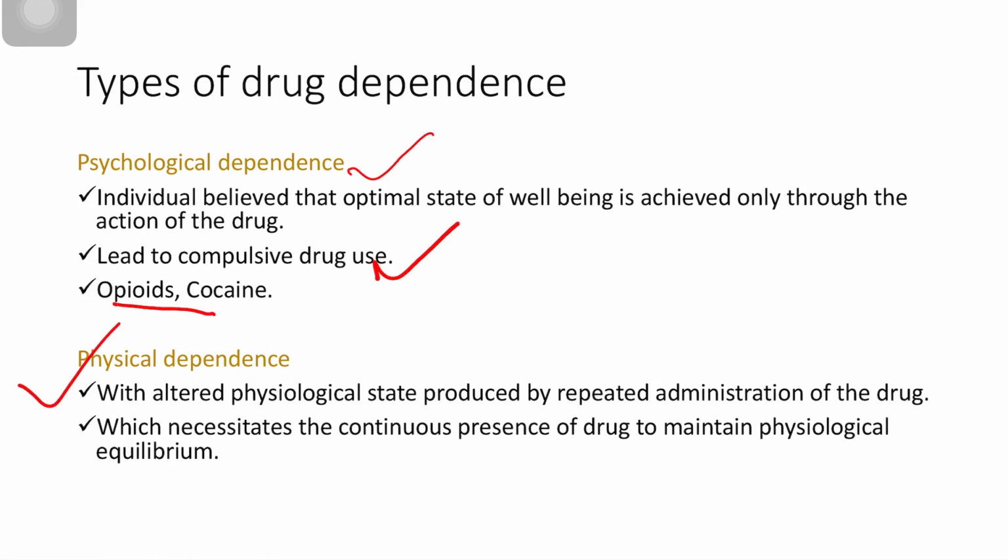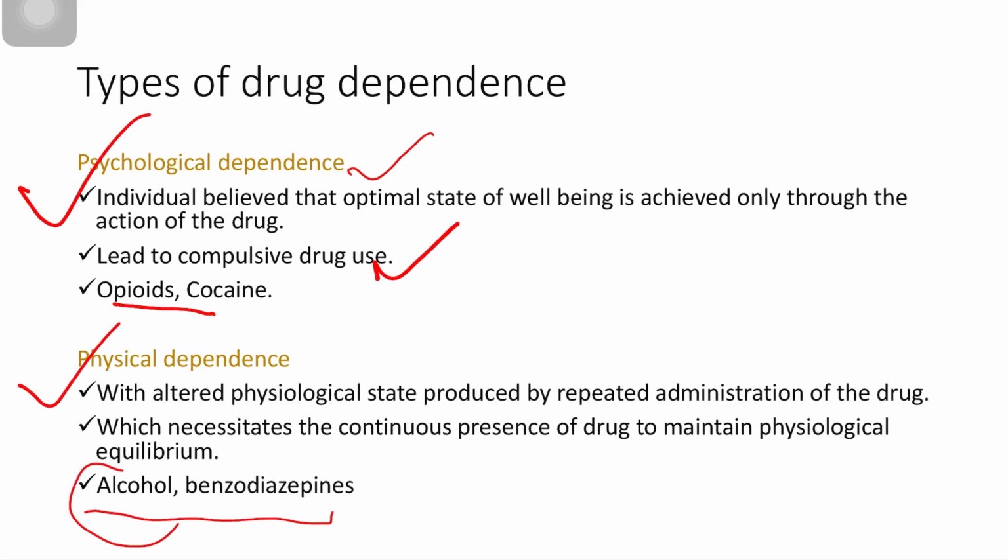That is called physical dependence, because now the body has become dependent on the drug. If a particular amount of drug is not given, the body will respond adversely. These are the two kinds of dependence. Physical dependence arises frequently due to alcohol and benzodiazepines: the patient might feel craving, get tremor, or become restless if you withdraw alcohol and benzodiazepines.